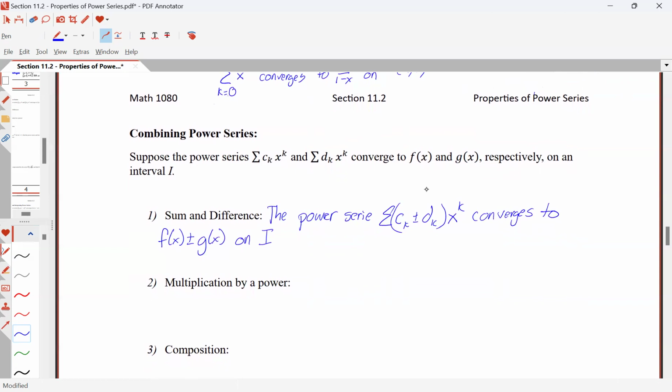So we can add two series together, and it would be just adding the coefficients. We can also multiply by a power. So suppose m is an integer such that k plus m is greater than or equal to 0 for all terms of the power series.